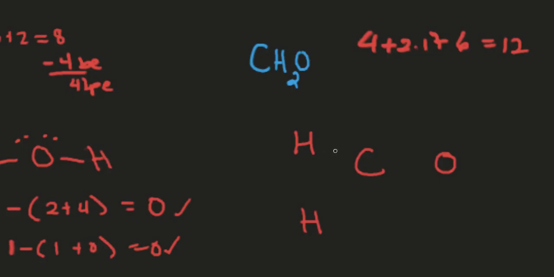So then we know that hydrogen can only form 1 bond, so let's go ahead and draw those in there. And then if I put 1 bond here for the carbon, right now carbon hasn't got a full octet. So what I could do is add a couple lone pairs, or I could add a bond.